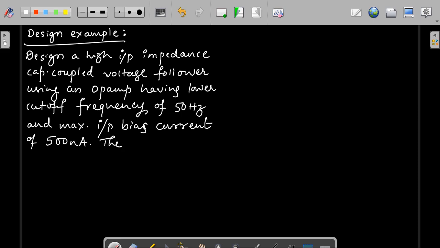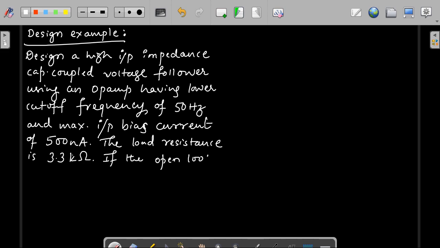The load resistance is 3.3 kilo ohm. If the open loop gain of the op-amp is 50,000, find the value of the input impedance of the circuit.